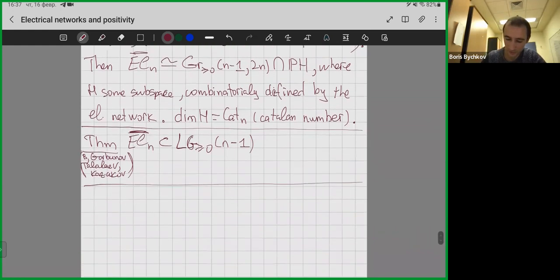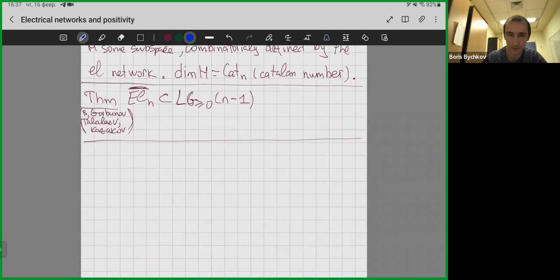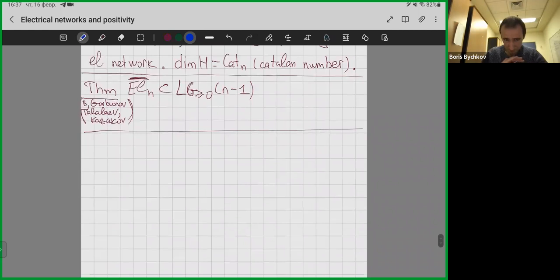The strategy is as follows. Let me define matrices X like this.